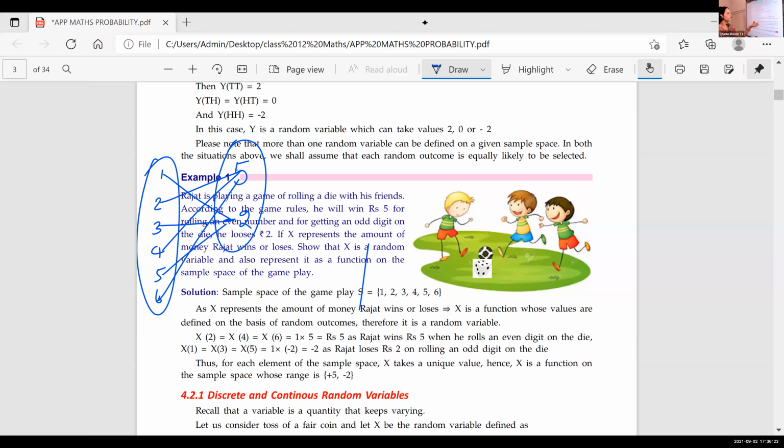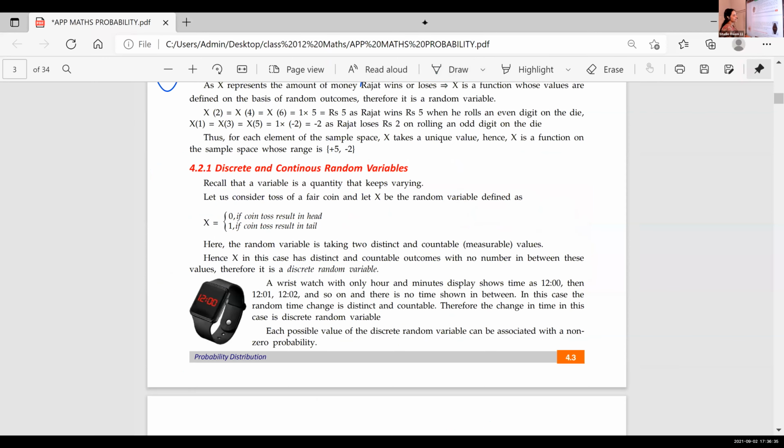Next we discussed discrete and continuous. Discrete means only countable outcomes are there. Continuous means suppose we are not able to count how many elements are there. Look at an example given: a wristwatch displaying the seconds.